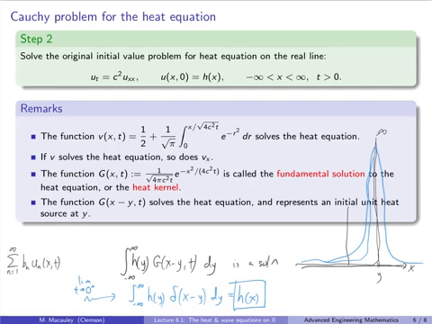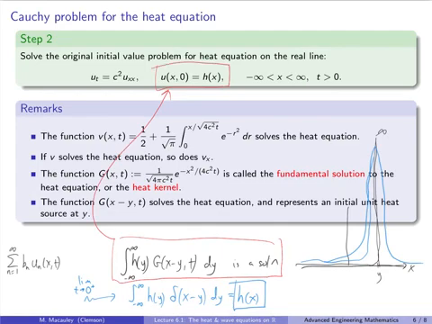So this function here is the particular solution to the heat equation that satisfies this initial condition. So we've done it. We've solved the initial value problem for the heat equation on the real line.